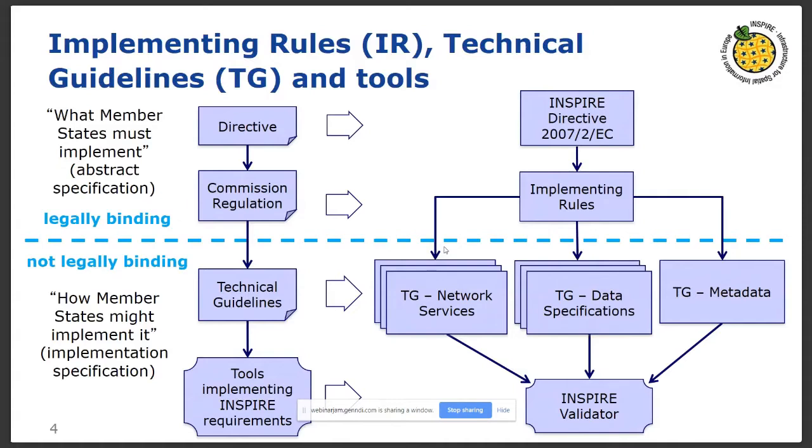They say what the member states must do to fulfill the INSPIRE requirements, so the legal obligations, in terms of the different components, which are basically metadata to discover the data, data specifications for each of the 34 spatial data themes, so basically the conceptual data models, and the network services, which are divided into discovery services to discover the data through the metadata, view services, and download services to access and to download the data.